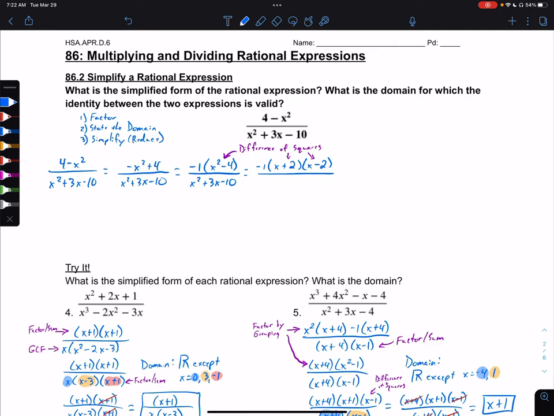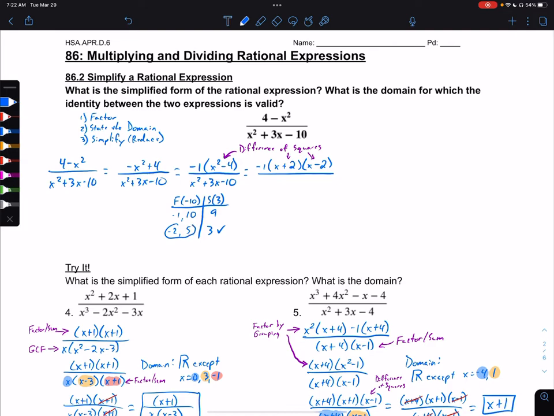All right, my denominator is a trinomial, so I'm going to look for the factor sum. My leading term is a 1, so I can use the shorter version and just find the factor sum. I need factors of negative 10 that have a sum of 3. So 1 and 10, 2 and 5 are my only factor pairs. Obviously the first one's not going to work, but negative 2 and 5 would give me 3.